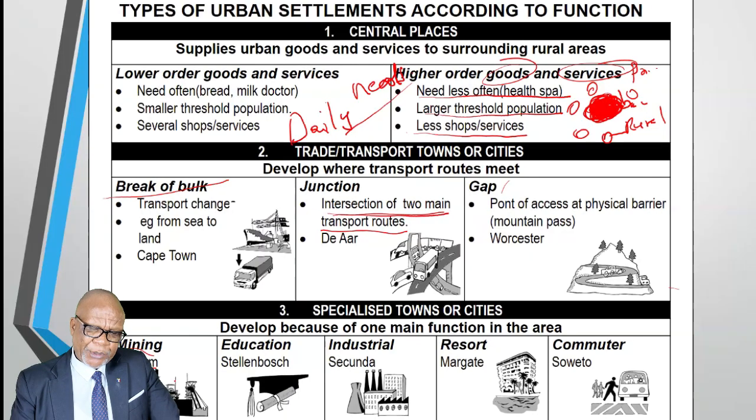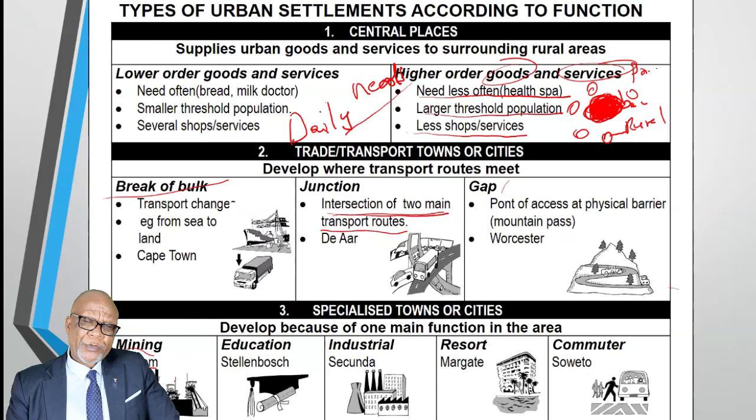It mainly developed because of gold mining, but it has since developed, and now it is a commercial town which does many businesses. And then we have a specialized town like Stellenbosch, which developed because of the institutions there. There are a lot of institutions, and Stellenbosch University is at Stellenbosch.